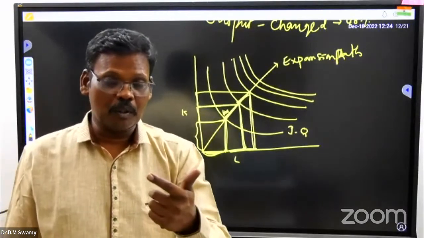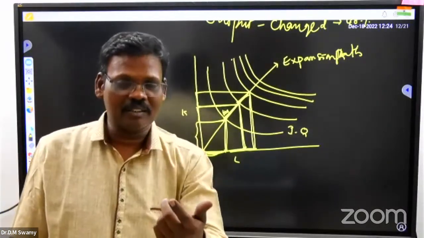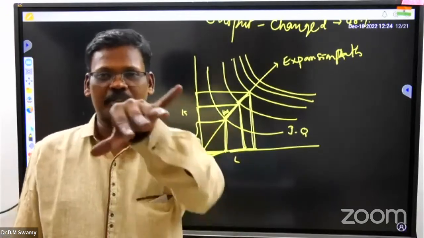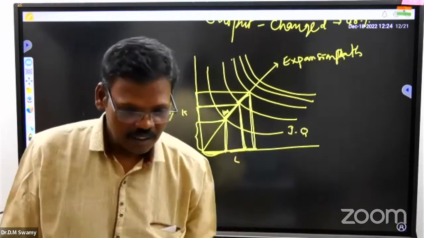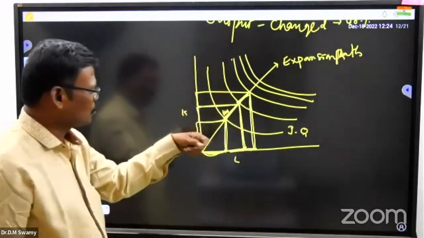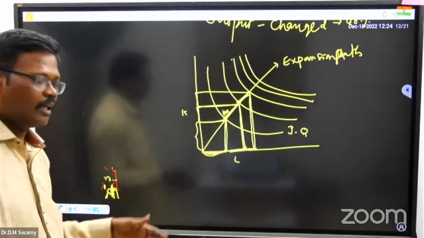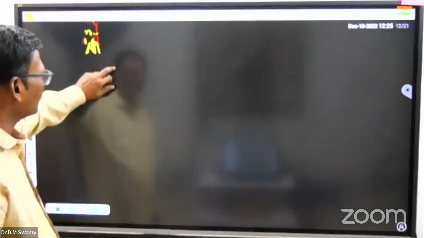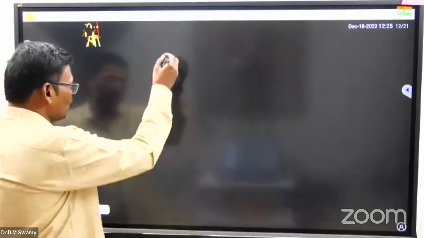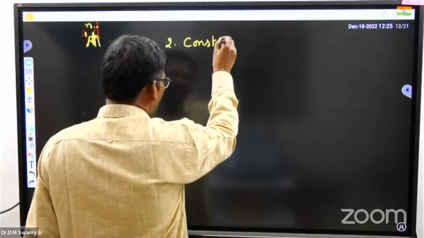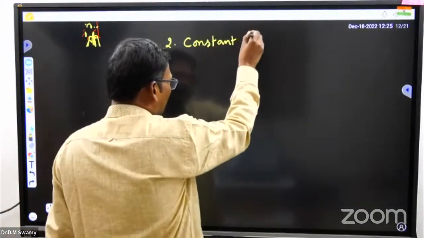That's why, due to increasing technology, efficiency, decreasing wastages and optimal utilization of resources, all are the reasons for increasing returns.